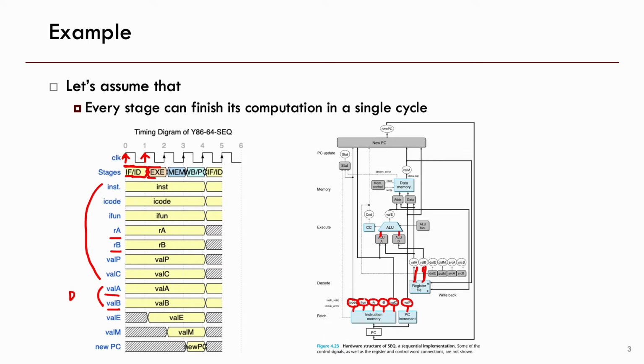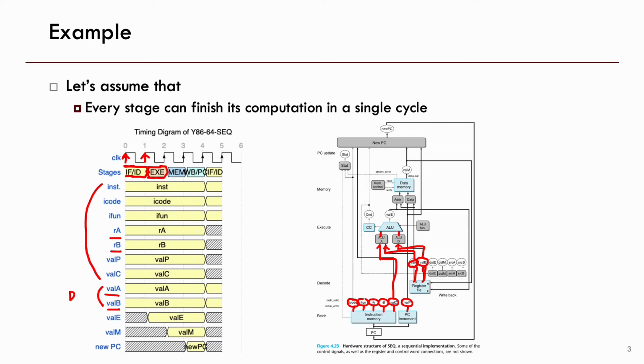Or we can check this way: we can check all the cycles when all three inputs to the ALU are available. What are the inputs to the ALU? Val A here, val B second, and then val C. Val C, val A, and val B are all available in cycle 1, so we can start the execution stage.